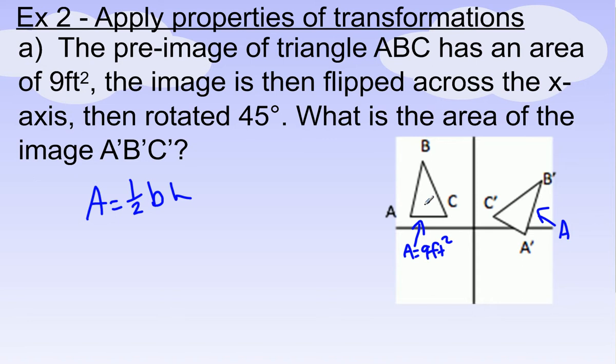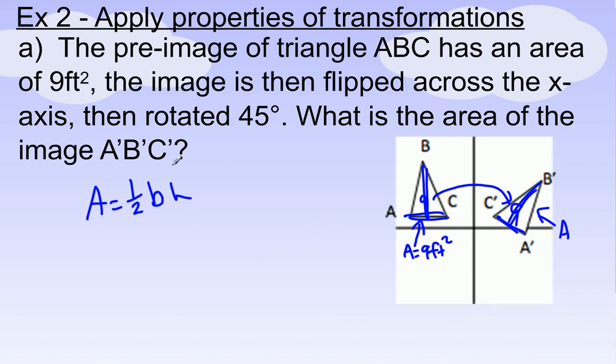If you step back a second and go, wait, these two shapes are identical, which means if the first shape has an area of 9, then the other shape has to have the same area because it would have the same base, the same height, so both parts would go into the same formula. You get the same answer.